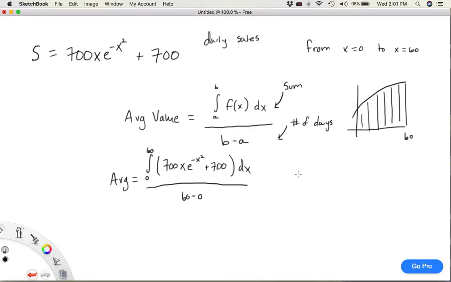Now we have to figure out how do we integrate this function. I think the first thing I would do is factor out that 700. Both terms have a 700, so we can factor out that constant, and we can even put that on the outside of our integral.